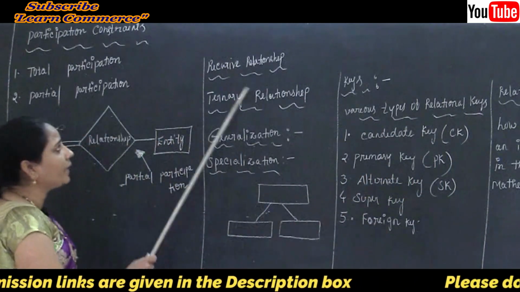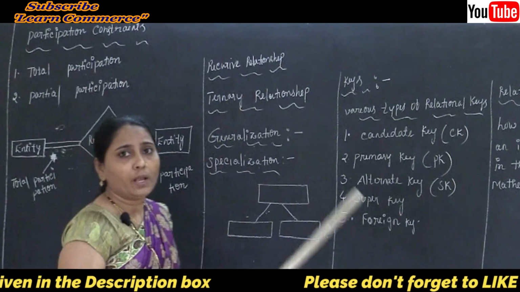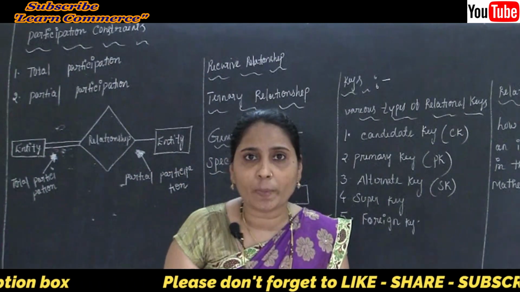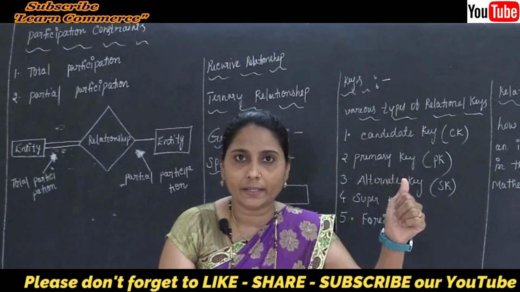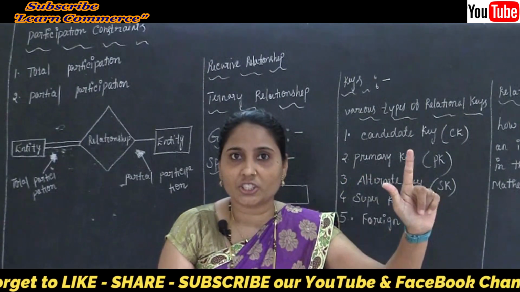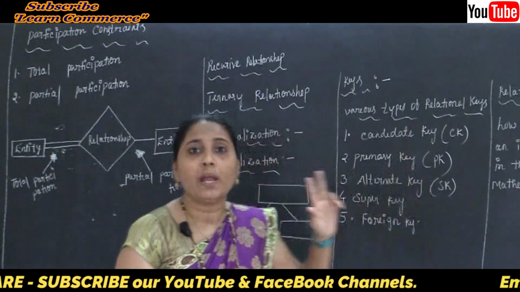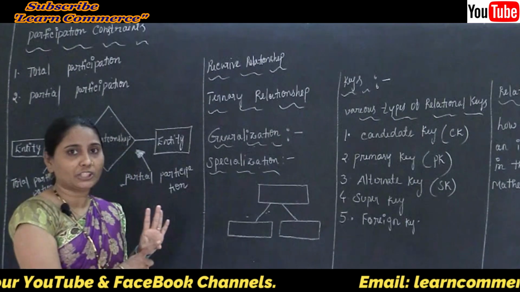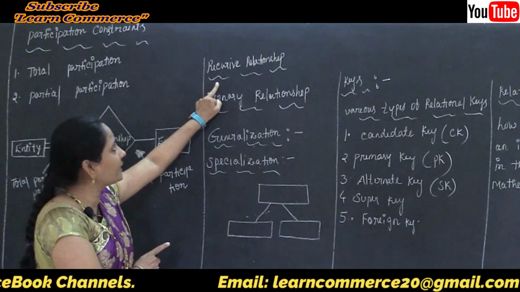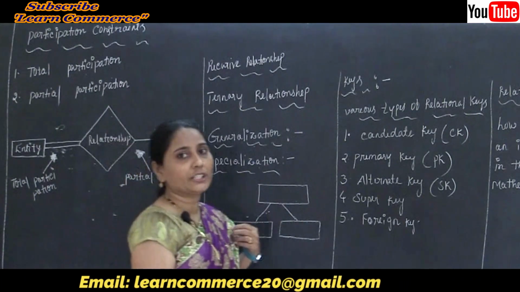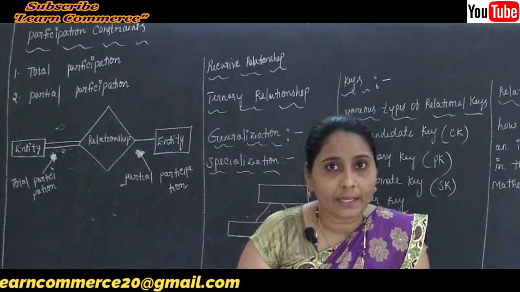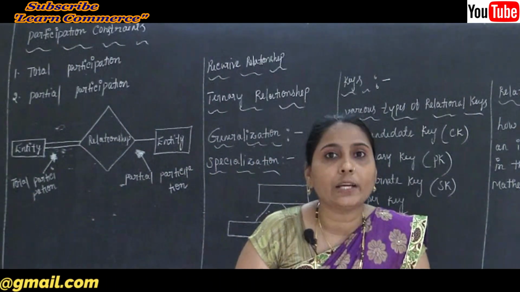Now what do you mean by a recursive relationship? The relationships are classified into binary relationship, recursive relationship, and ternary relationship. We already know binary is the relation between two entities. Next, the recursive relationship is when an entity is related with itself.